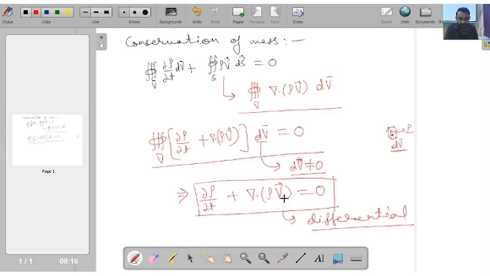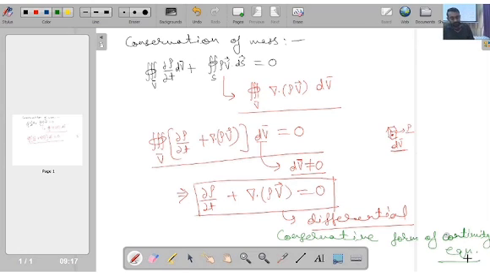More importantly, the form we have derived over here is also called the conservative form of the continuity equation. Okay, so this is also called the conservative form of the continuity equation.